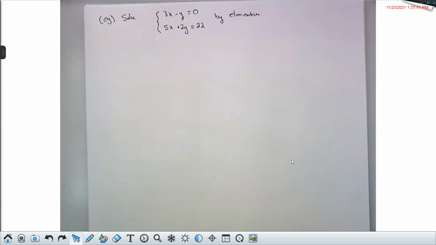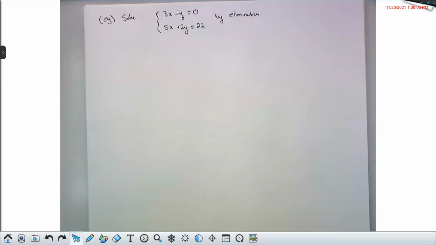So generally the way this goes, you're going to pick a variable to try and eliminate. I can try to eliminate the x's, or I can try to eliminate the y's. 3x and 5x, I would have to modify both of these to get negative coefficients here, right? Like if I multiply this first row by 5 and I multiply the second row by -3, then I would have positive 15x and negative 15x here.